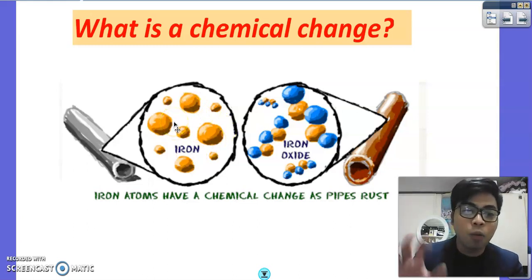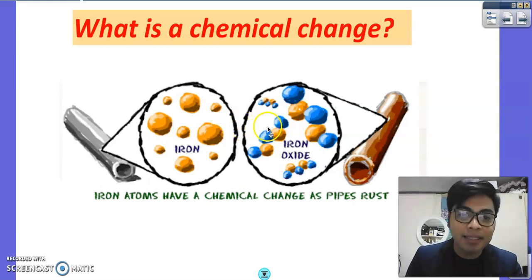But if we add water on it, the water molecules react with the iron, and the oxygen in the water, H2O, attaches to the iron here, and we are forming a new compound which is called iron oxide. Hence, we call this a chemical change because we form a new product, iron oxide.